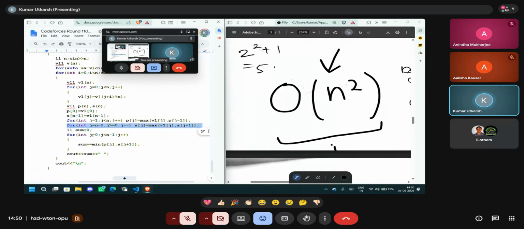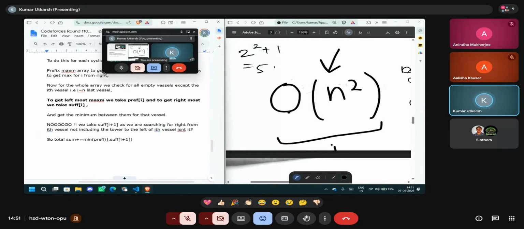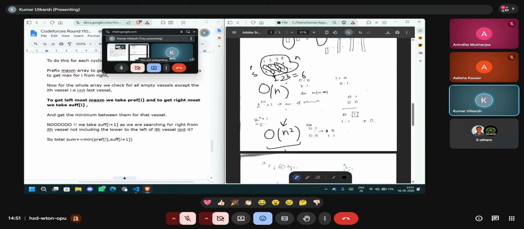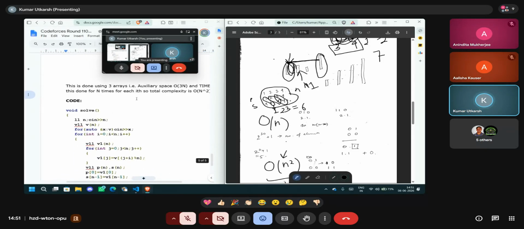And then for the sum, we check the minimum of E[j] and S[j+1]. Why are we doing S[j+1]? Think of checking for this vessel. If we want the left maximum, this will be the left maximum. But the right maximum will be at position j+1, right? So we are using suffix of j+1.